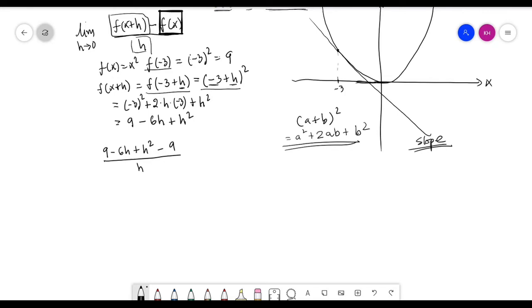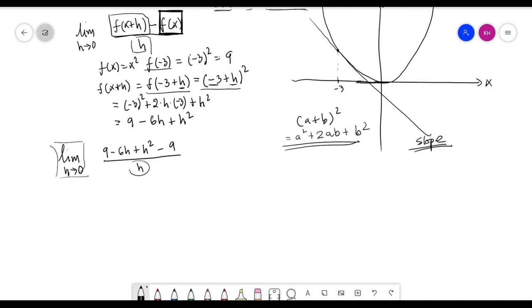We always have to write the limit notation on the side, because without that, this makes no sense. This will denote that h is very close to 0. If I don't write this limit notation, this equation makes no sense because we do not have a value for h. So now we have this.